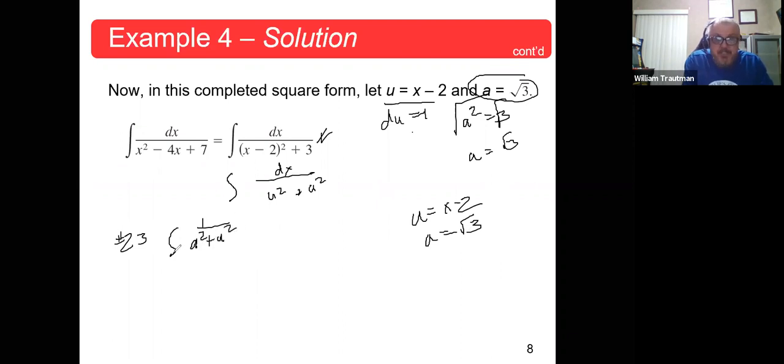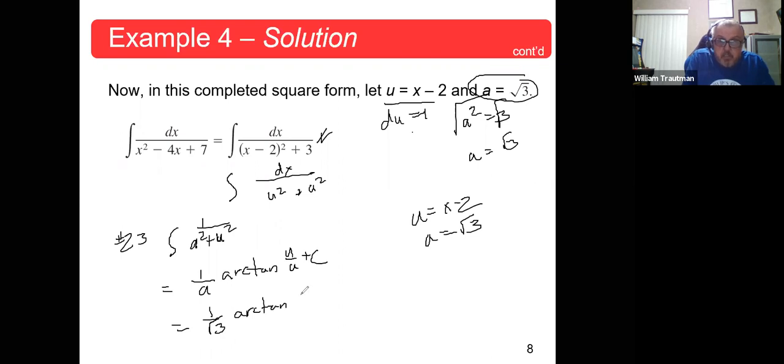And since it's a plus, it's the same thing as u squared plus a squared. And when we do this, we get the answer is 1 over a. You're not actually integrating. You're just using the formula because they show you how to integrate. And here's a formula, 1 over a is the square root of 3.